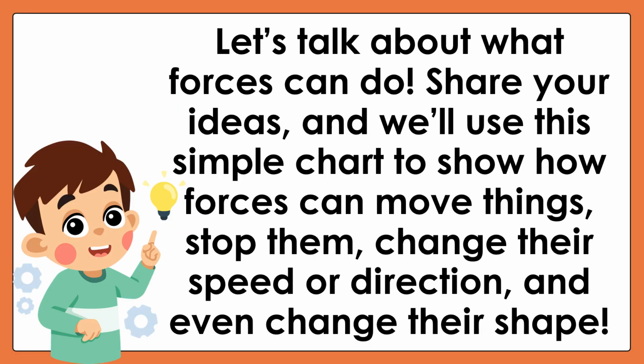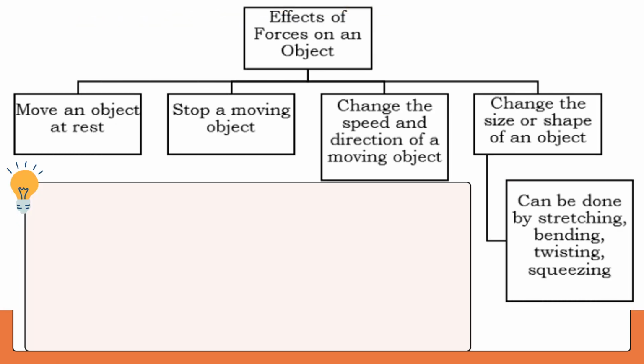Let's talk about what forces can do. Share your ideas and we'll use this simple chart to show how forces can move things, stop them, change their speed or direction, and even change their shape. Let's have the first one, effects of forces on an object.